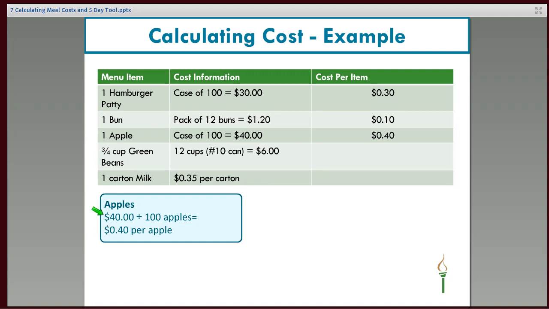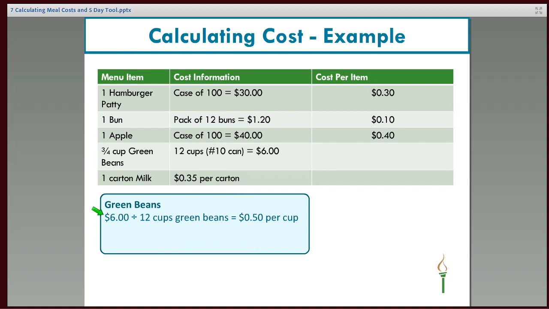The green beans are a little different because we know one number 10 can has 12 cups of green beans and that can costs $6. So first we need to figure out how much it costs per cup. So we take $6 divided by 12 cups of green beans gives us 50 cents per cup of green beans. However, in this menu, we only served 3/4 of a cup.